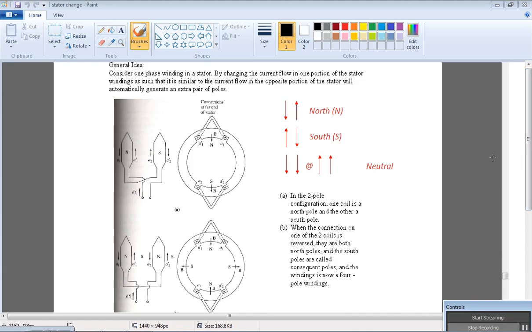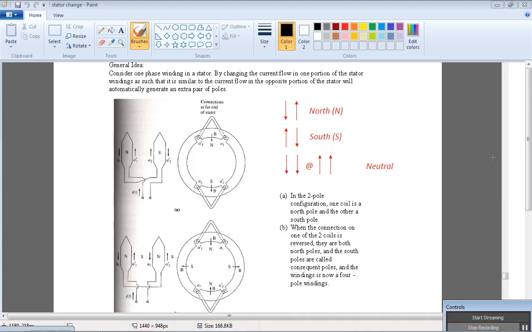When the current enters from the right side and leaves the winding at the left side, it will produce a north pole. On the other hand, vice versa will produce a south pole. The consequent poles are also produced with the same concept due to the magnetic field effect.